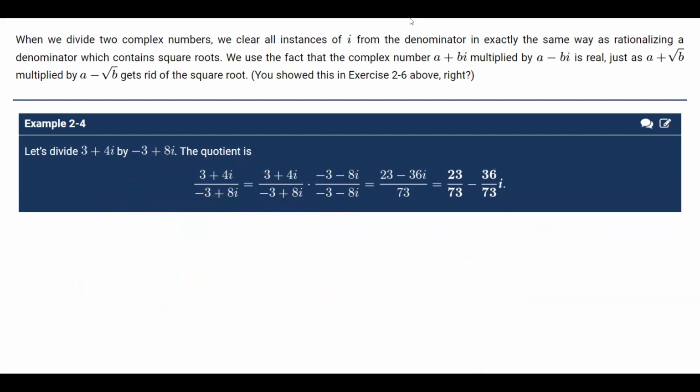So for example, let's just do a quick other question. 6 plus 5i divided by 2 minus 7i. So that's a division question, right? Complex number divided by complex number. Tell me, what would you multiply top and bottom by in order to do this division? You can tell me or you can write it, doesn't matter.